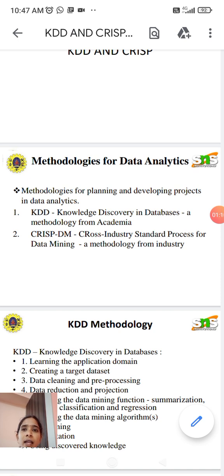The purpose of KDD is the interpretation of patterns, models, and a deep analysis of the information that an organization has gathered to make better decisions.